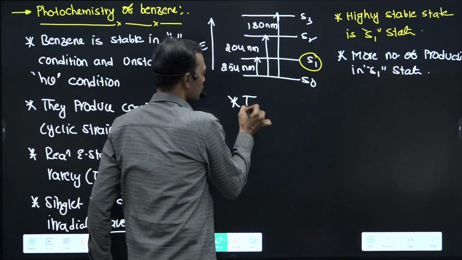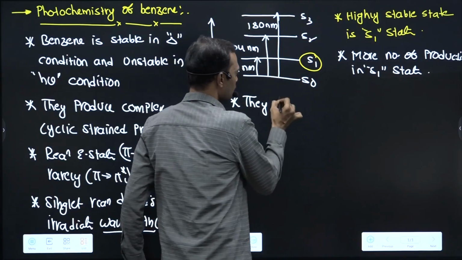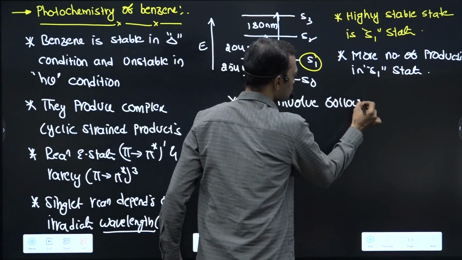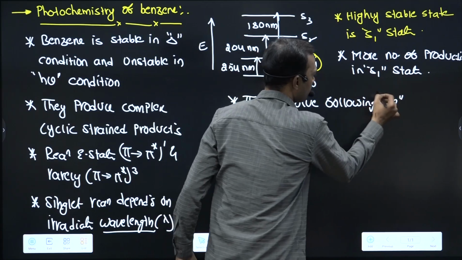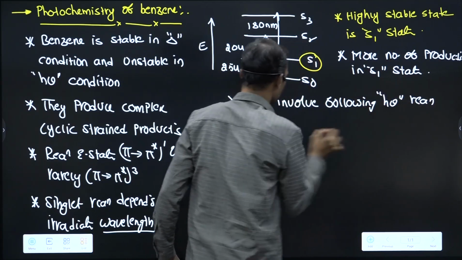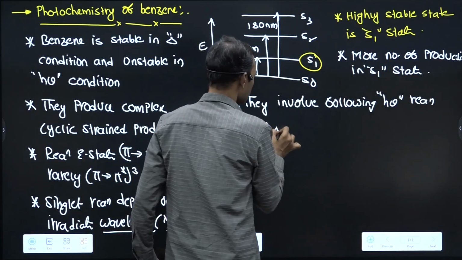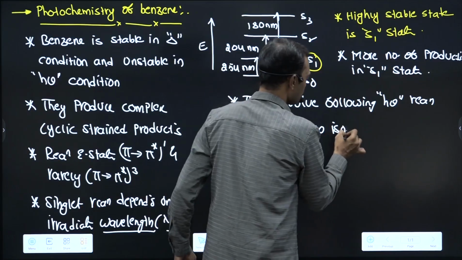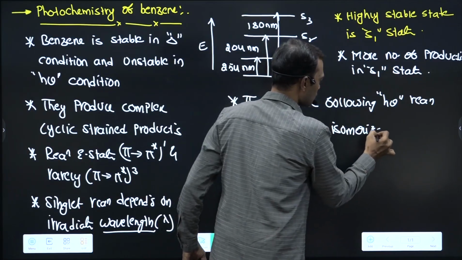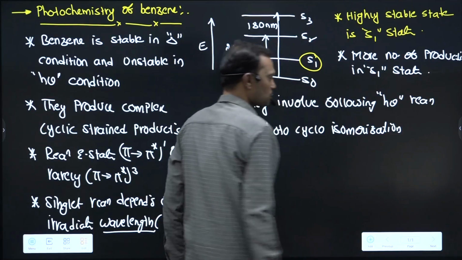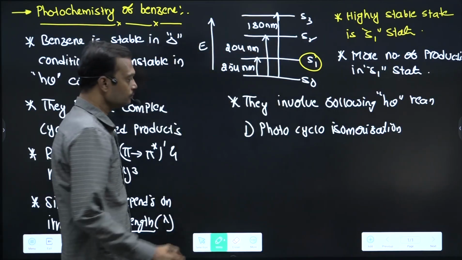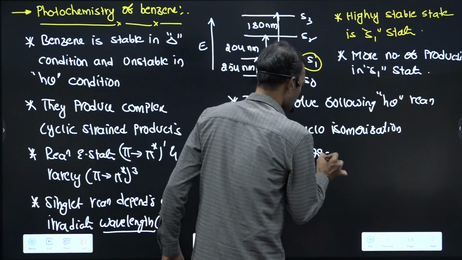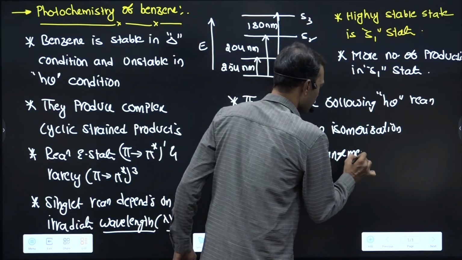Especially benzene is involved in the following photochemical reactions. First one, photocycloisomerization. This is also called photoisomerization or photocycloisomerization, both are the same. Next, photorearrangement is possible.